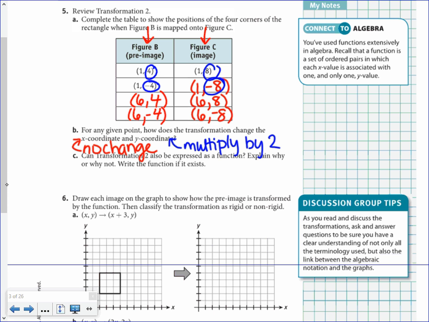So, what happens if we start with our point x, y? Well, we said our x doesn't change, so we keep it as x. Then our y, we said multiplies by 2. So we can change that to 2y. So that would be how we could write that transformation as a function.